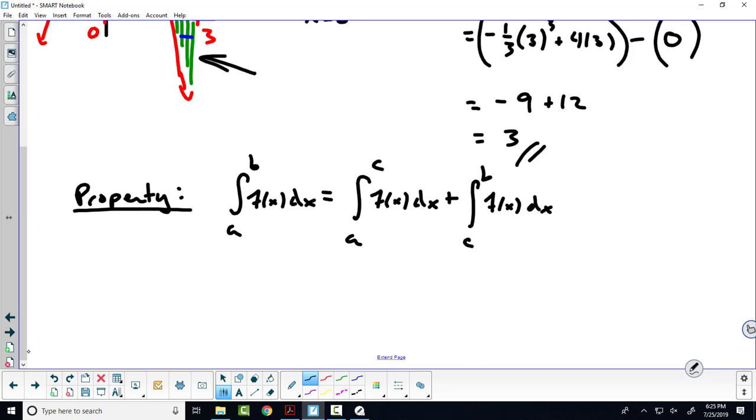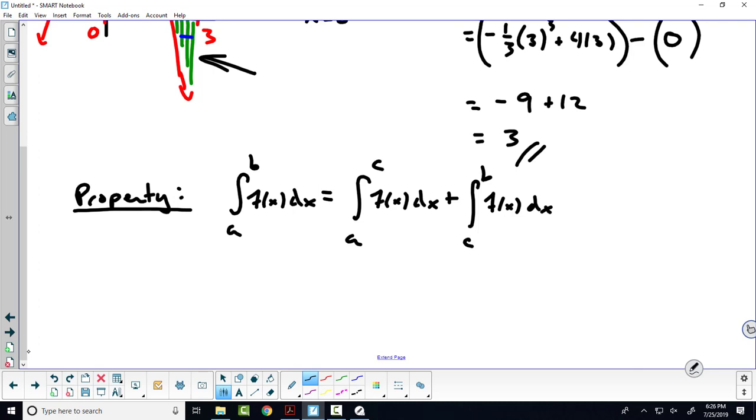In terms of what you saw in last night's video with the Riemann sums, one way you could imagine that is rather than adding up the area underneath the entire curve, you just go part way to c, and then you pick up where you left off, adding up the rest. And that's true. That's just a property of addition by its associativity.